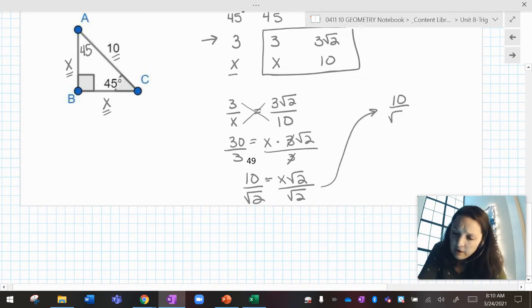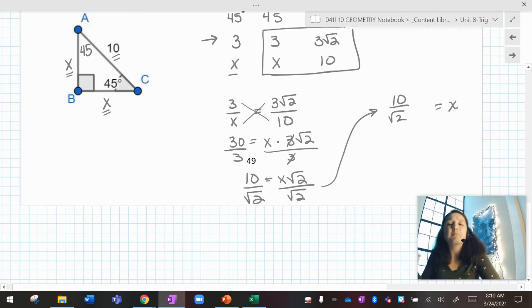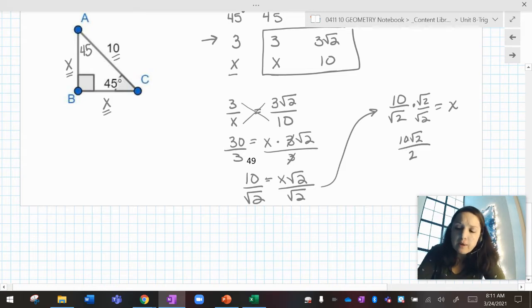So 10 divided by root 2 equals x, but I'm not supposed to leave that radical on the bottom, if you remember. So I'm going to rationalize the denominator, which makes this 10 root 2 over 2. And 10 root 2 over 2 is 5 root 2.